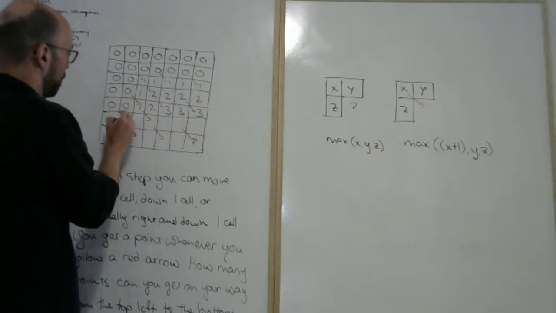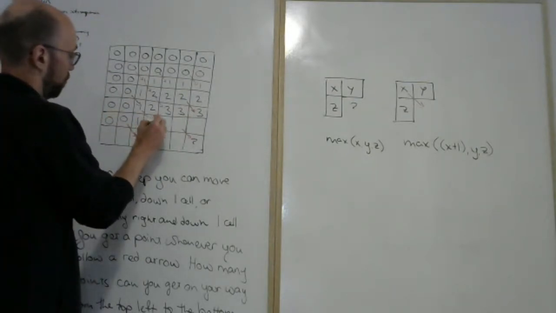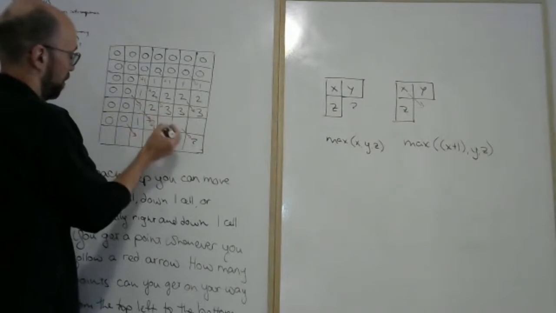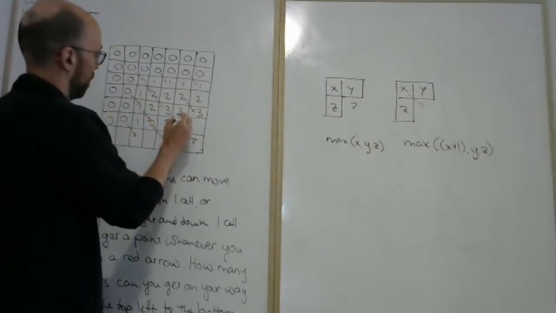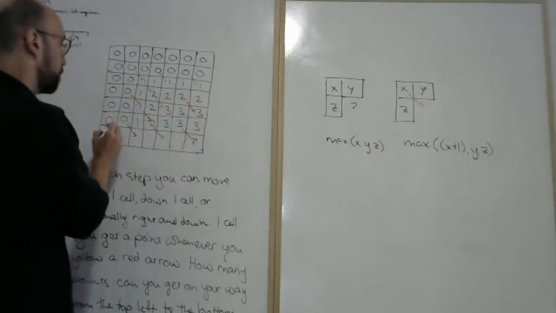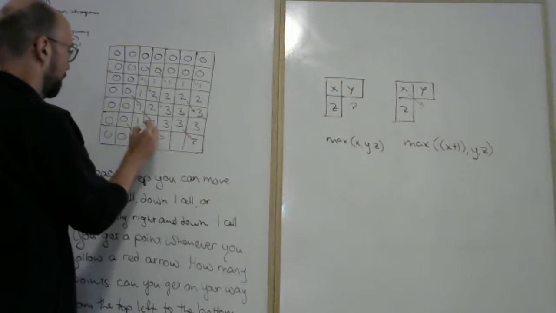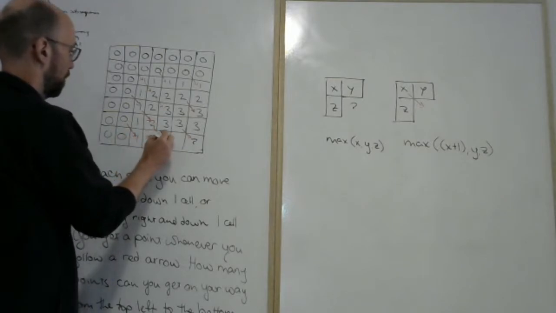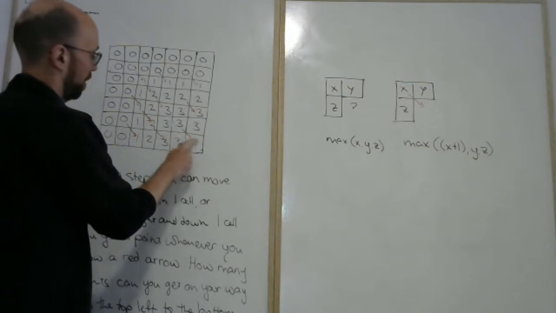This is still 0, 0, this is 1, this is 2, either from this or from this. This is 3, this is 3, this is 3, 0, 0, 1, 2, 3, 3, and this is 4.